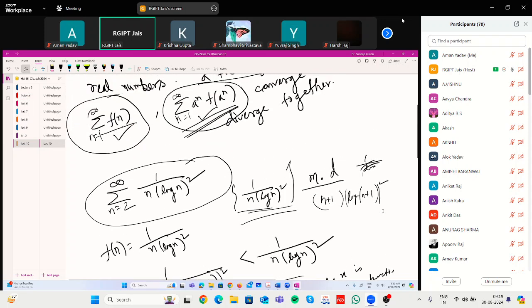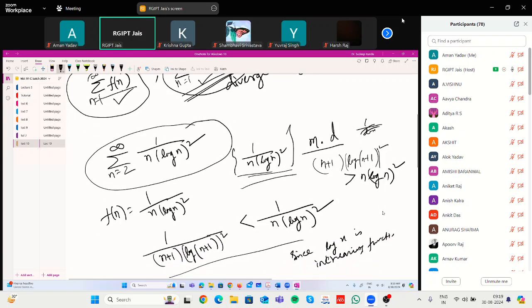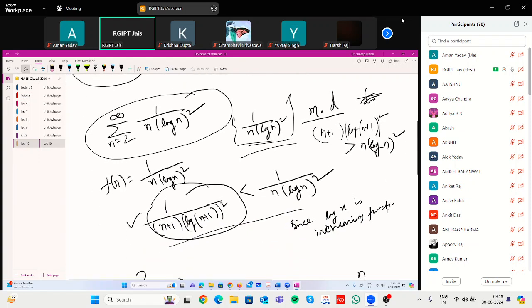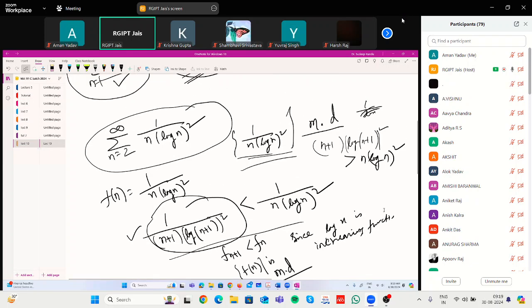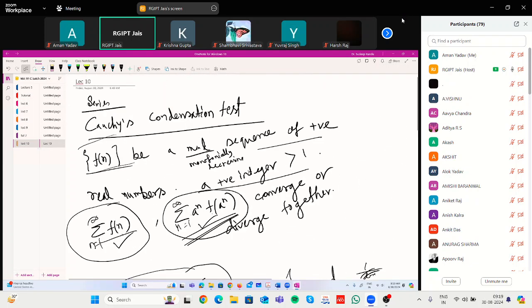So (n plus 1) log (n plus 1) square is greater than n log n square. When you take the reverse, it will be monotonically decreasing. So f of n plus 1 is less than f of n, so f of n is monotonically decreasing. So the first property holds. And now we have taken a, because a is a positive integer greater than 1.